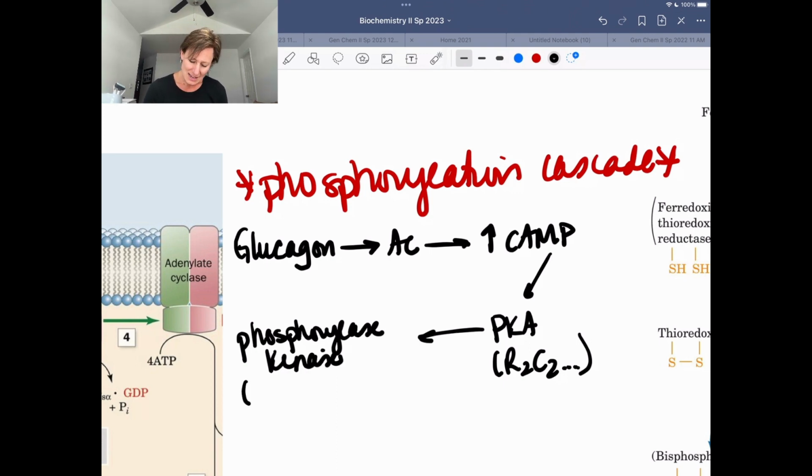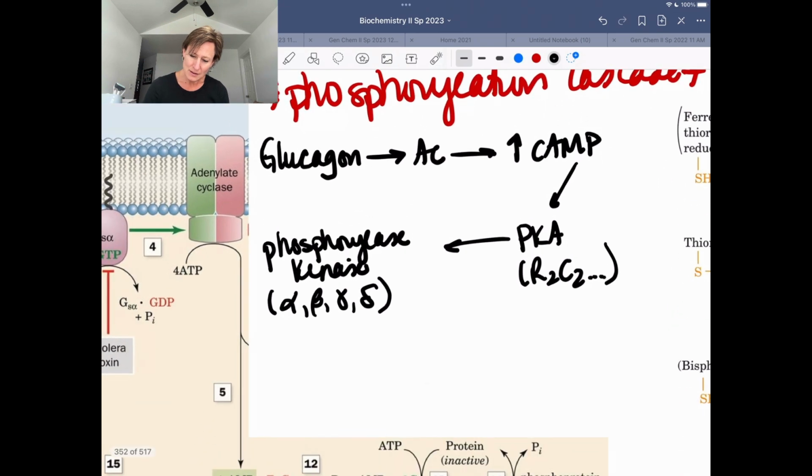That is the enzyme that has the alpha, beta, gamma, and delta domains. Remember those alpha and beta domains, these are the ones that want to be phosphorylated. Our gamma domain is the one that wants to bind, our delta domain, that calmodulin domain, that's the one that wants to bind calcium. And ultimately, this gamma domain, that is our kinase domain.